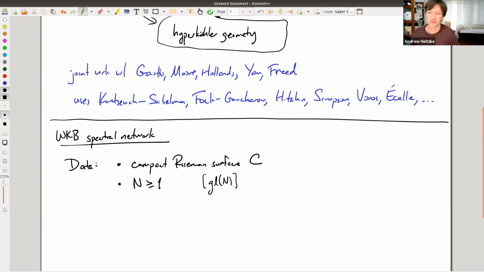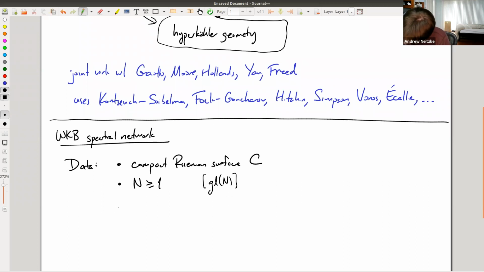So this is part of a story which, in its full glory, you could try to develop for the semi-simple Lie group, or at least for any ADE type Lie group. But it's simplest for GLN. So let's just talk about GLN. So in practice, we won't see the GLN appear directly. We'll just see the N appear.